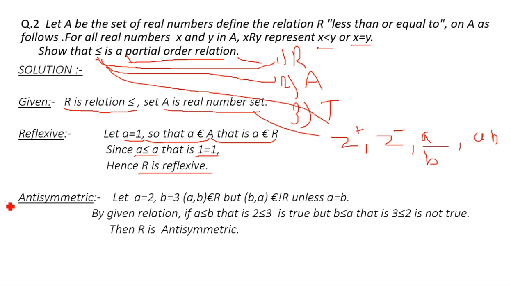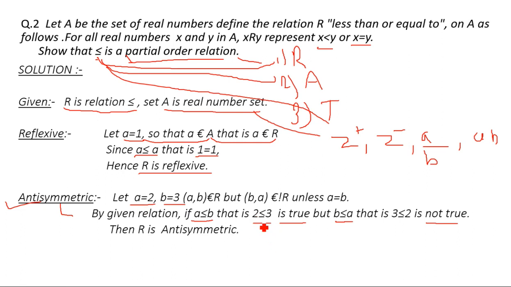Now, we will check for the antisymmetric property. For this, first we have to know what antisymmetric is. Antisymmetric means if a is less than or equal to b is a true statement, but b less than or equal to a is not true, then and only then our relation will be antisymmetric. By taking an example, if a equal to 2 and b equal to 3, is 2 less than or equal to 3?